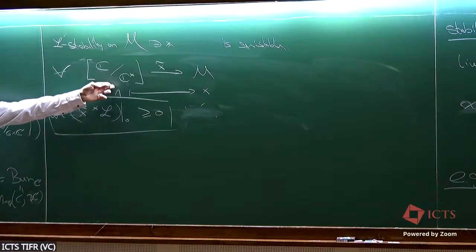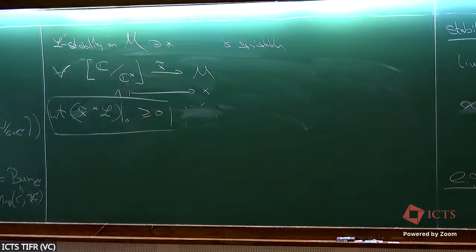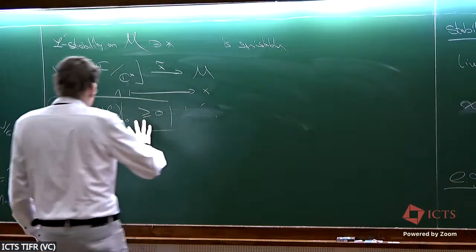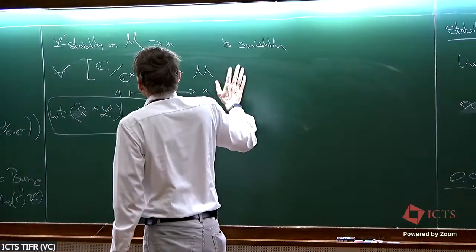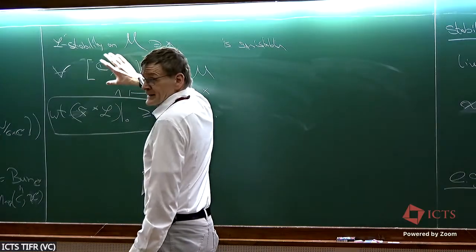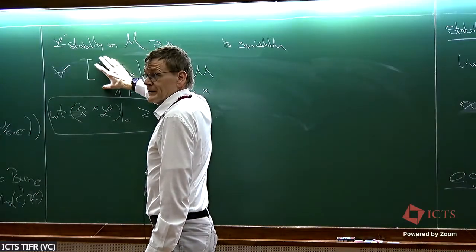This generator has some weight. All other weights that appear arise by taking powers of the coordinate multiplied with this generator. If the weight is positive, the weight of the coordinate is negative, so I can make this 0. If the weight was negative, x to the i times this generator will be even more negative, so there's no invariant section. So whatever the sign normalization, this condition just means the pullback of this line bundle has non-zero invariant sections.